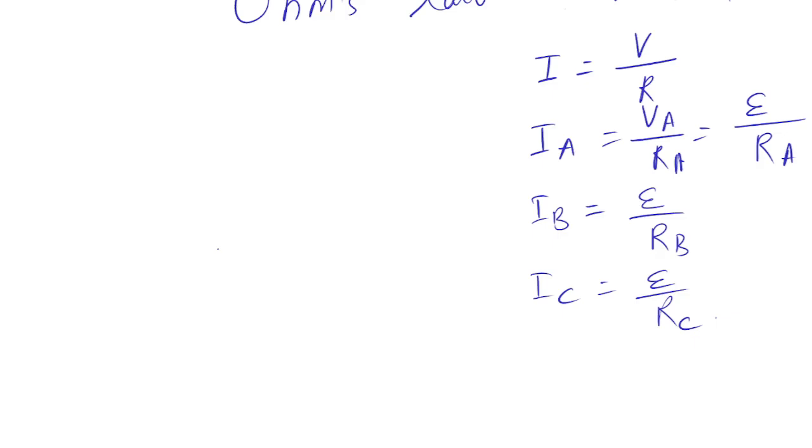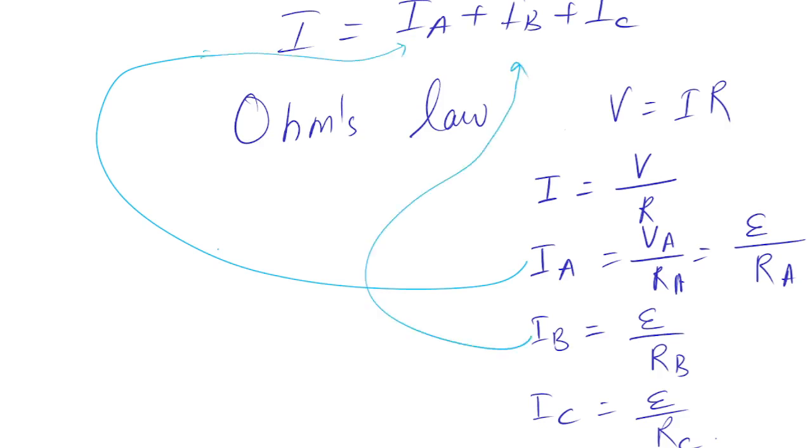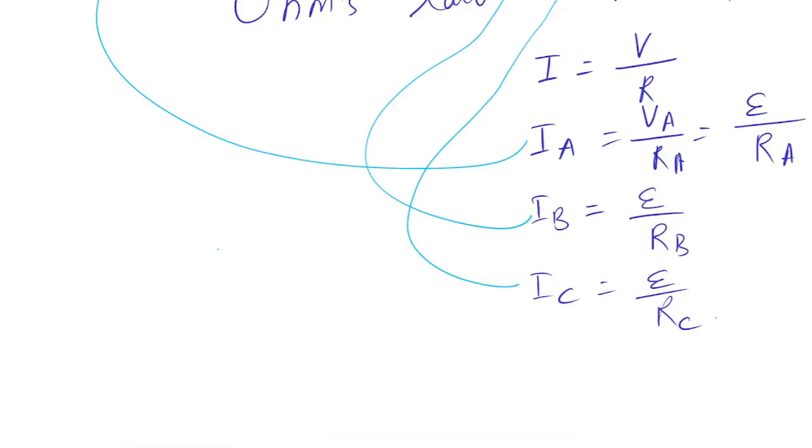So what I can do is substitute these values like we did in the last equation, here and here and here. So I can write I is equal to epsilon by RA plus epsilon by RB plus epsilon by RC.